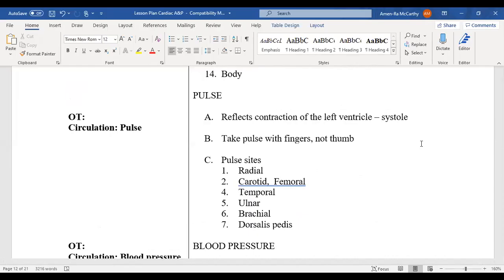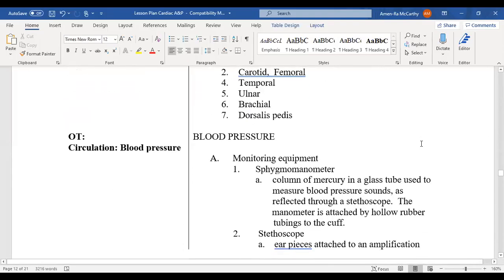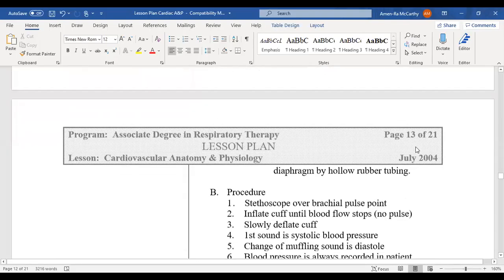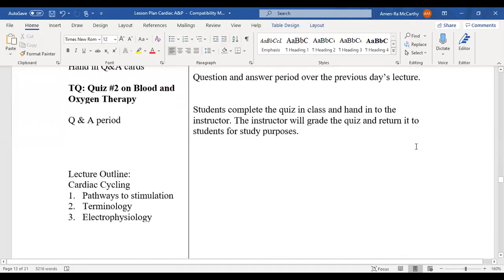On top of your foot is dorsalis pedis, and ulnar is under the pinky. Radial on this side, ulnar on this side. Good. Over which artery did we take the blood pressure? Brachial artery. What equipment do we use for blood pressure? Sphygmomanometer, excellent. You learned the procedure already.